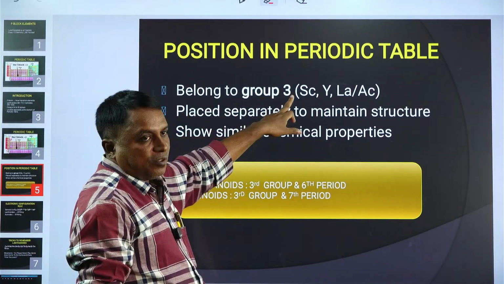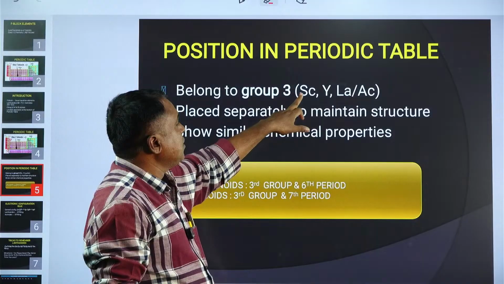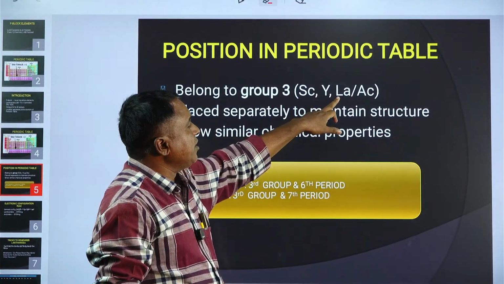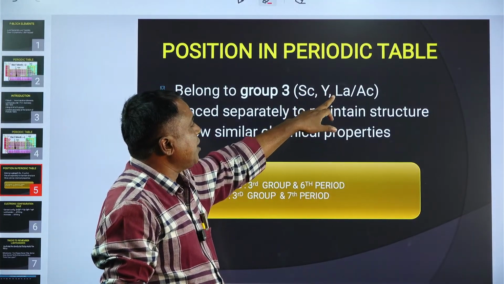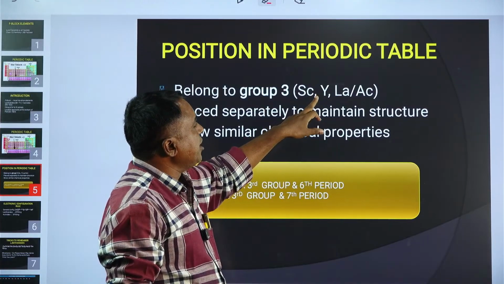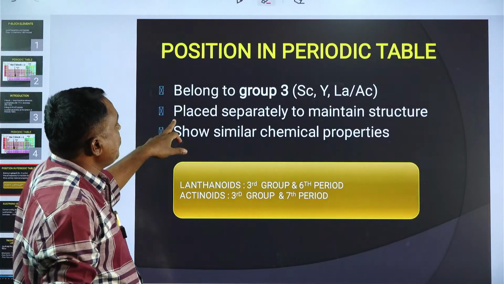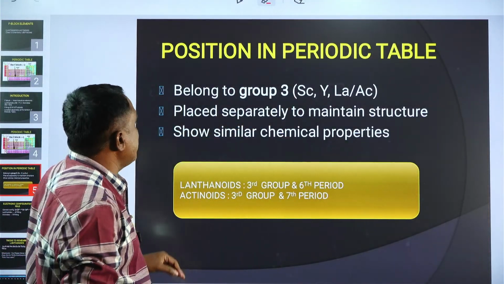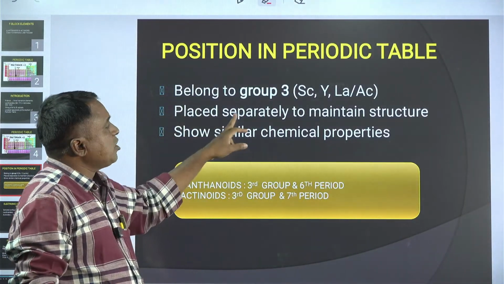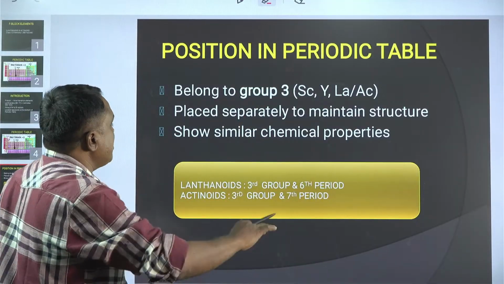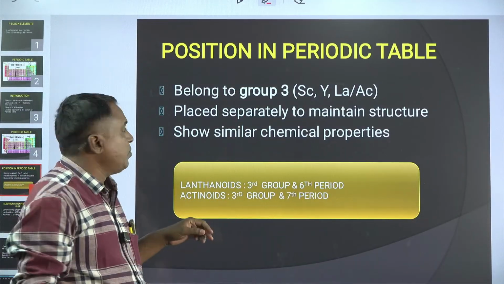They belong to group 3, after scandium, yttrium, lanthanum, actinium. They are placed separately to maintain structure, at the bottom of the periodic table.